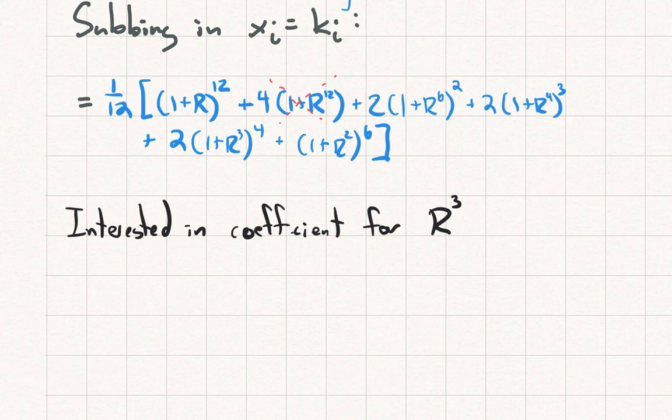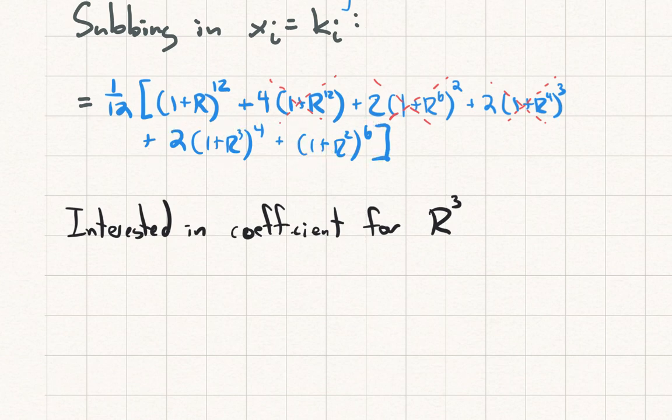Same with this guy. The only things are going to be are r to the powers of multiples of 6, since we have 1 plus r to the 6th to powers. So we don't have to look at this guy. Same with this guy, 1 plus r to the 4th. And this guy we can get an r cubed, but this guy we can't, right?